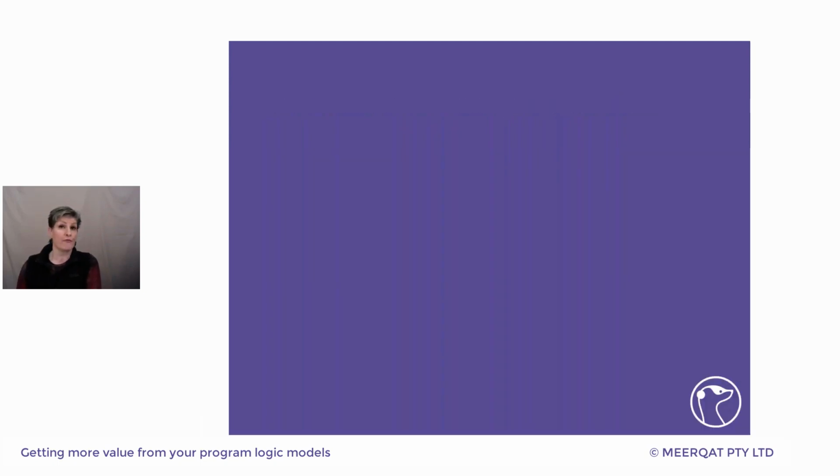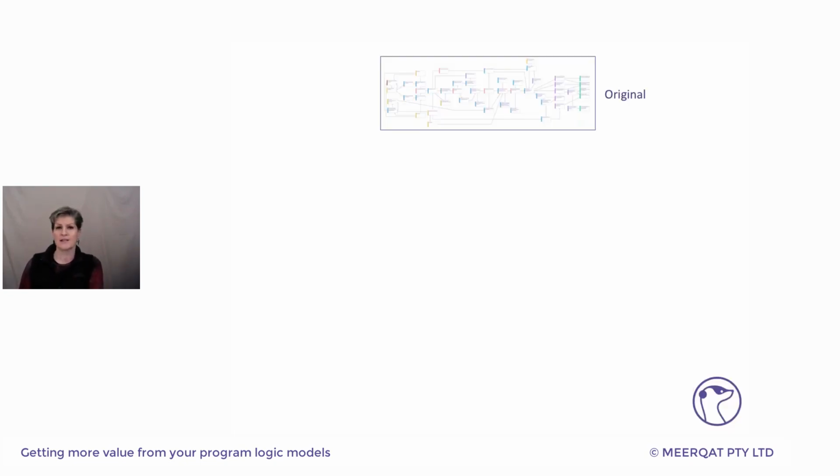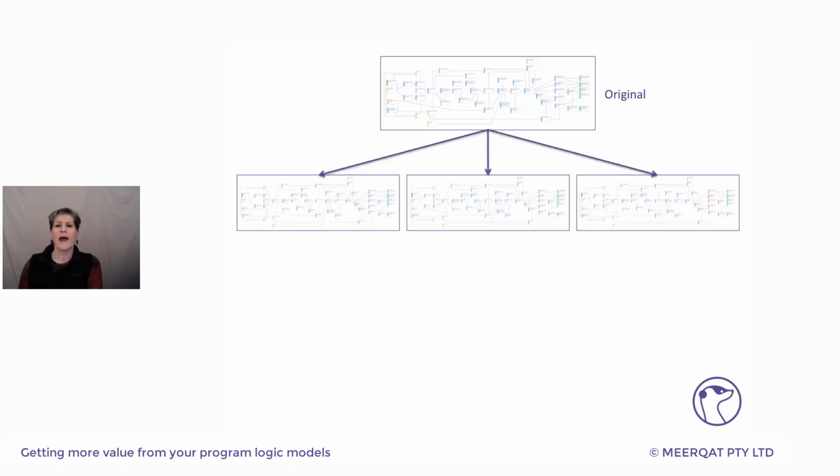Now, the third and the fourth applications for your interactive logic model are actually at the other end of program rollout, specifically to assess the readiness of a site to implement a program and then to track program implementation in real time. One of the really great things about the Basemap Builder functionality in Meerkat is that you can draw a base map with all of its nodes put into their positions, and then you can clone the map as many times as you like and create different versions that use different rating questions and rating scales.